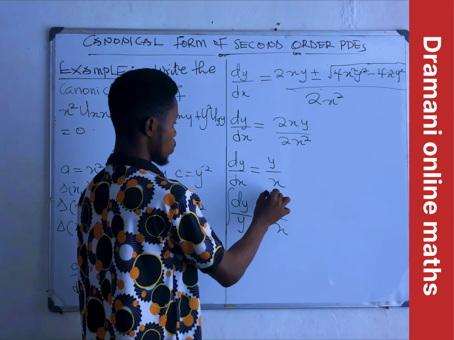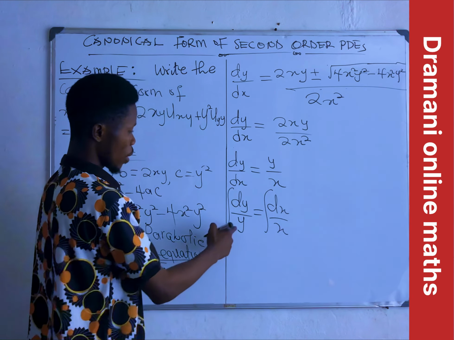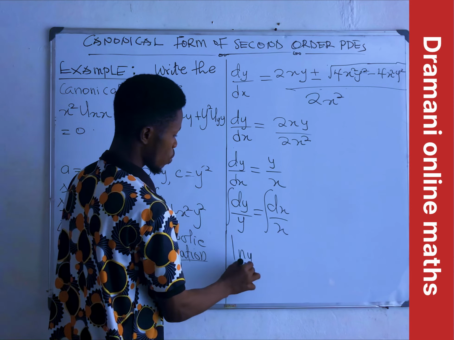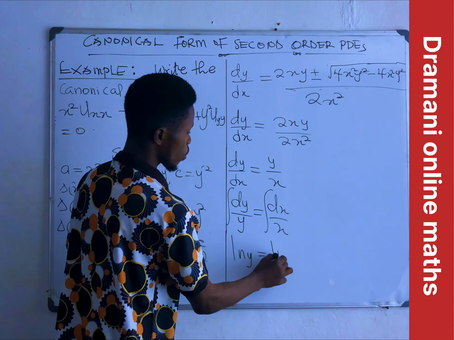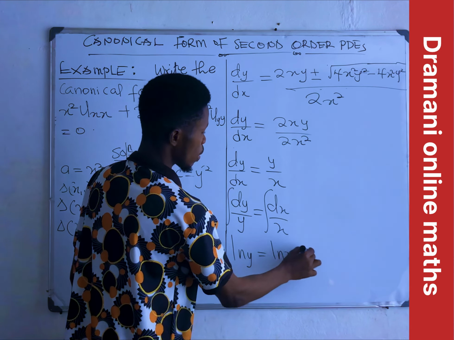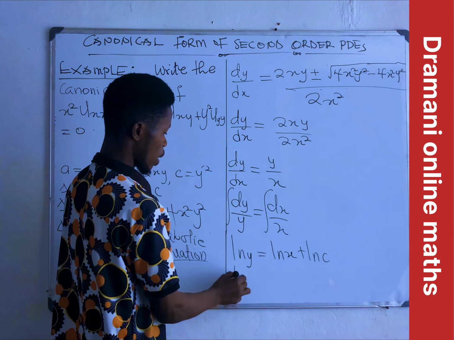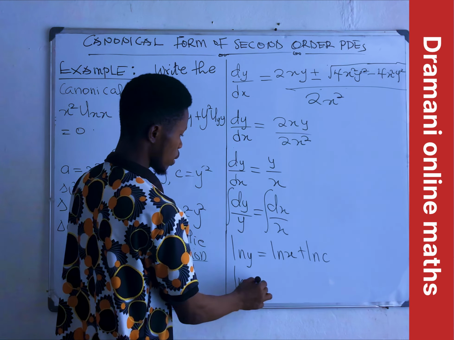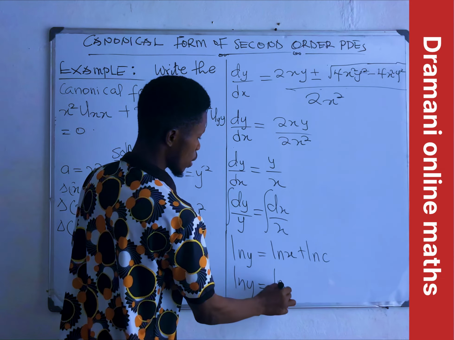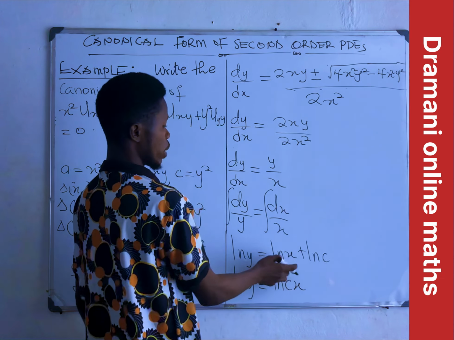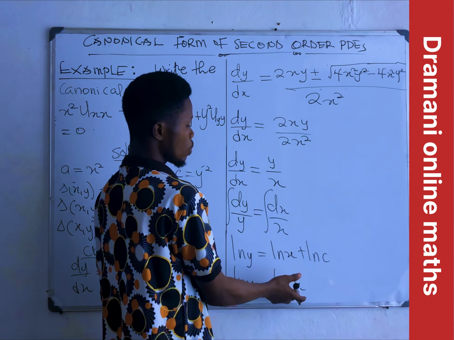So we can integrate this. Now if you integrate this, you get ln of y. If you integrate, you get ln of x plus the constant c. Now in this case, you can have ln y equals ln cx, they are logarithms and they are multiplying, you get this.